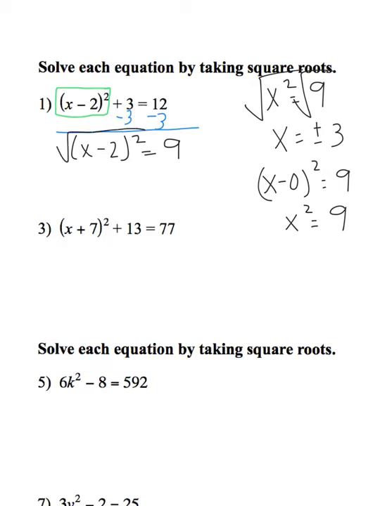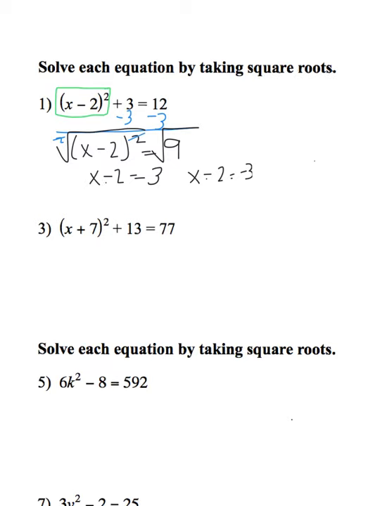We're going to take the square root of both sides. When we do that, the square disappears, because there's an invisible 2 out here that cancels out with this exponent. And we're left with x minus 2 equals, remember the square root of 9 is positive 3 and negative 3.